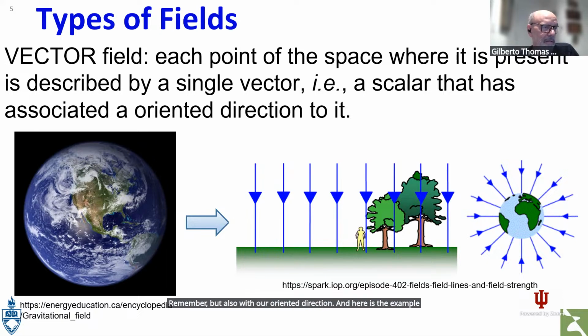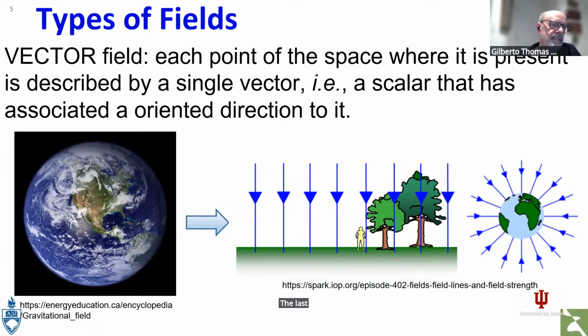We have the Earth. The Earth produces the gravitational field, and this gravitational field has a vector at each point around the Earth. The last picture at the right represents a more correct representation for the field. The field is radial, directed towards the Earth at each point of the space.